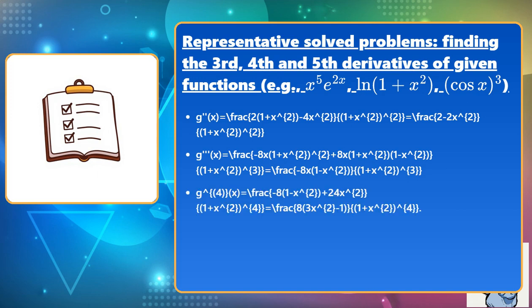G superscript 4 of x equals open bracket negative 8 times open bracket 1 minus x squared close bracket plus 24x squared close bracket over open bracket 1 plus x squared close bracket to the fourth equals 8 times open bracket 3x squared minus 1 close bracket over open bracket 1 plus x squared close bracket to the fourth. Thus the fourth derivative is g superscript 4 of x equals 8 times open bracket 3x squared minus 1 close bracket over open bracket 1 plus x squared close bracket to the fourth.